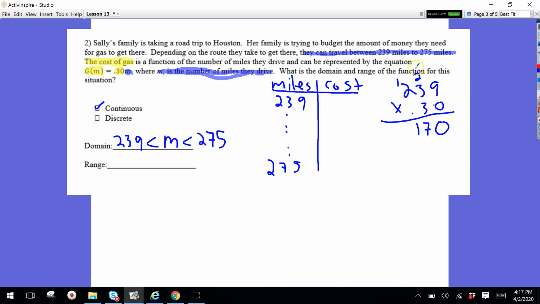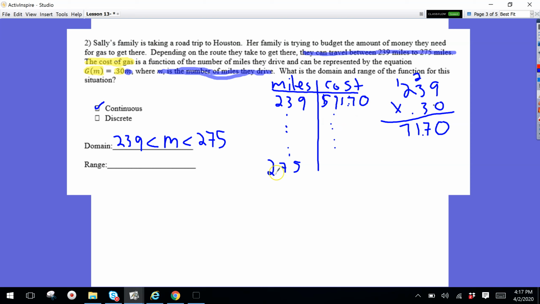Carry up the 1. And then 2 times 3 is 6, plus 1 is 7. And then we're going to put our decimal point here 2 over, because there's a decimal point here 2 over. So that means that the least that we're spending on gas is $71.70 for this road trip.